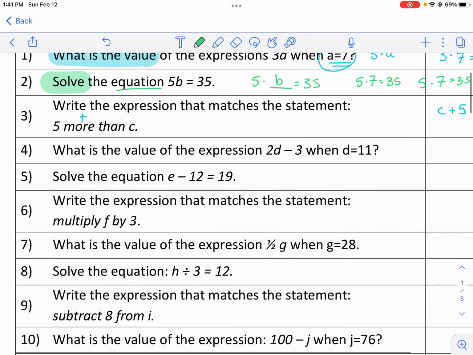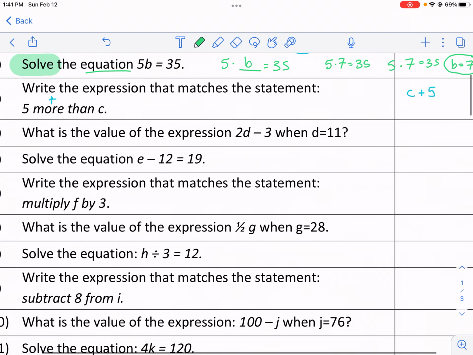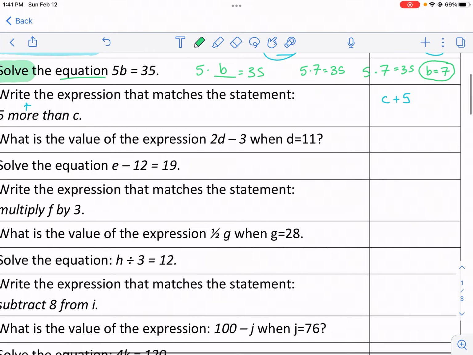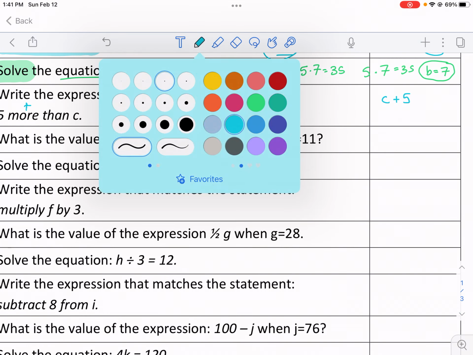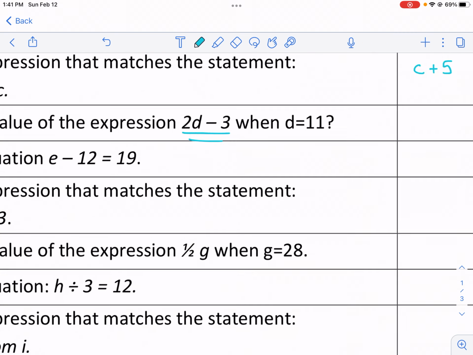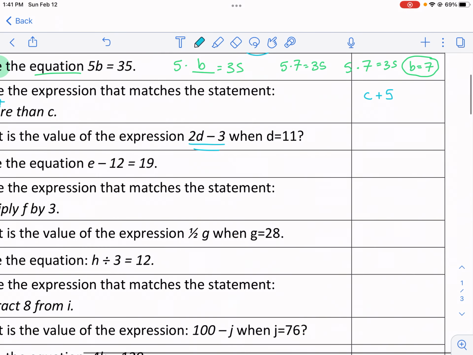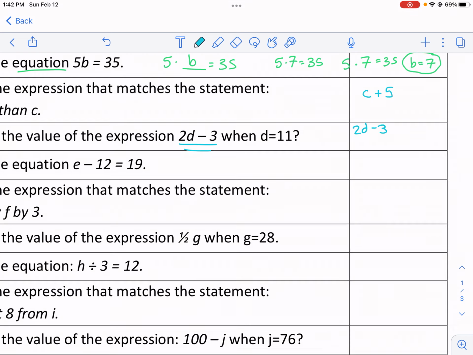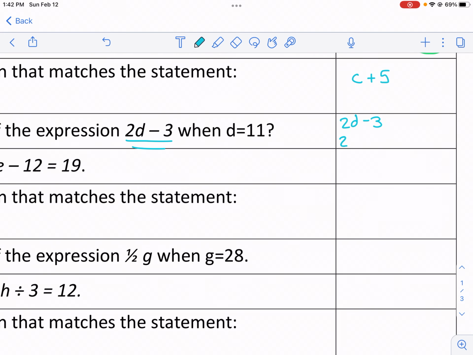All right, number 4, what is the value of the expression 2d minus 3 when d equals 11? I changed to green thinking it was going to be an equation, but it's not. This is another expression, and this time we're given 2d minus 3 when d equals 11. So what I like to do is just rewrite the expression first. There's my expression, and then I change it to represent what the substitution is. I'm going to be plugging in this 11 for d.